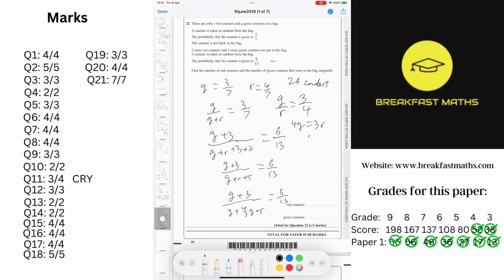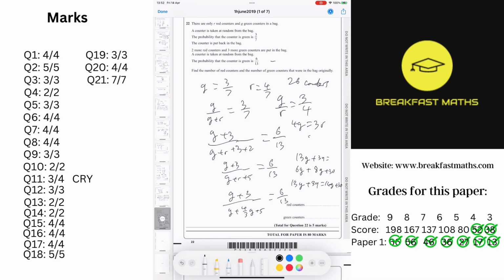We'll say 13G plus 39 equals 6G plus 4 times 3, that's going to be 4 times 2, 8G plus 30. Okay, let's rearrange that. So that's 13G plus 39 equals 14G plus 30.